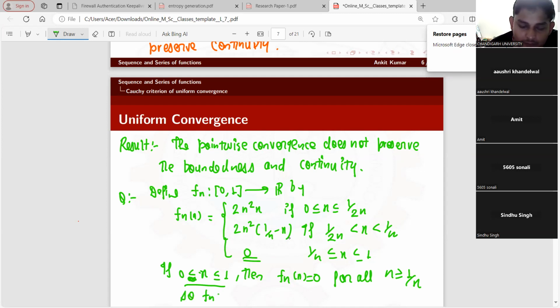So fn(x) tends to 0 as n tends to infinity.